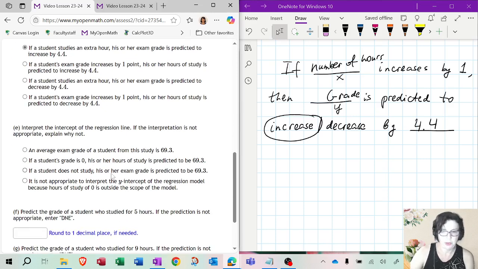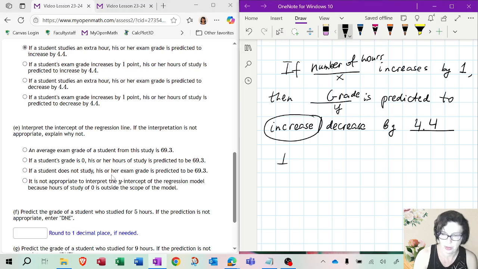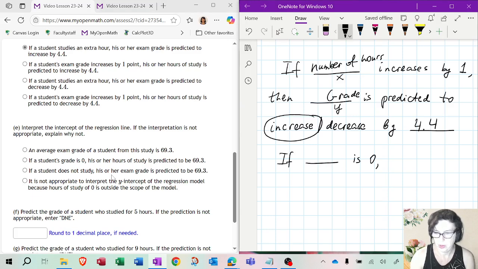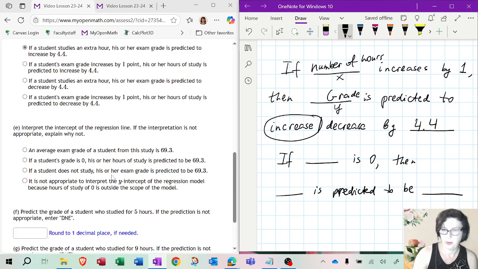Okay, now in terms of the y-intercept, here's how that looks like. If blank is 0, then blank is predicted to be another blank. Okay, so what goes where? So first blank is the x.